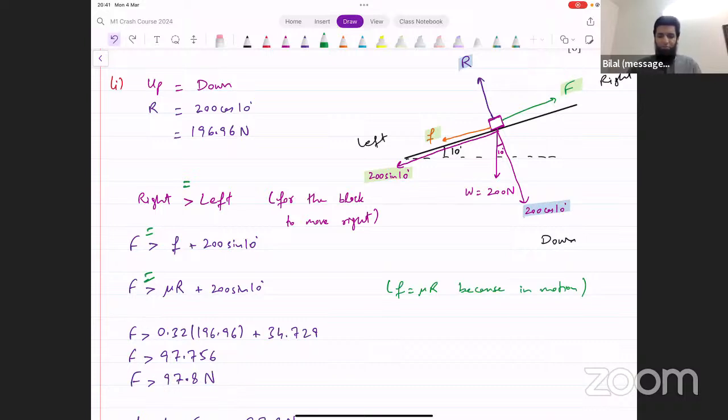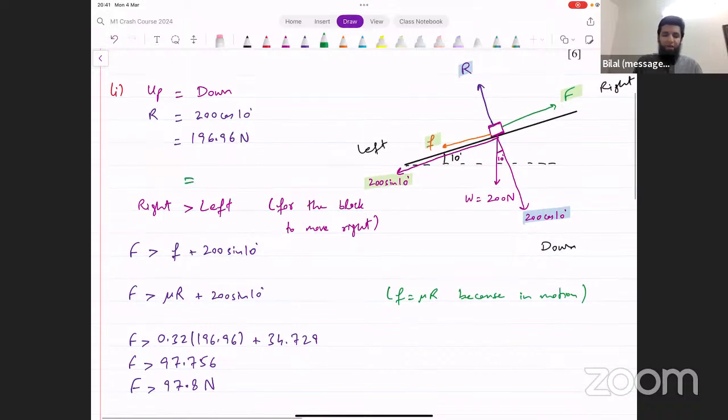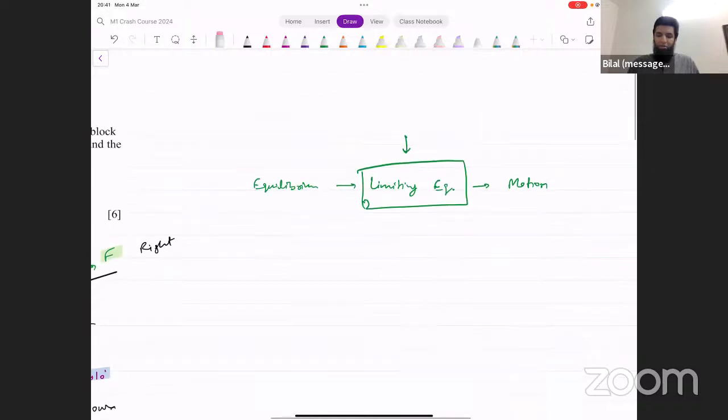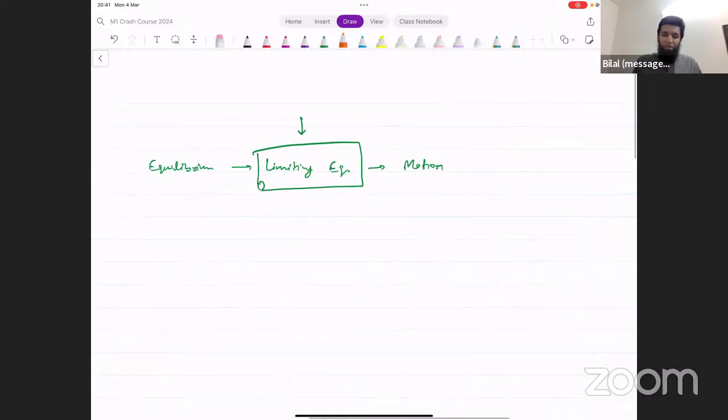So you could get away with using equality signs here as well, thinking of it as a limiting equilibrium case, and that will also work because that gives you the cutoff point at which the object switches from equilibrium to motion.